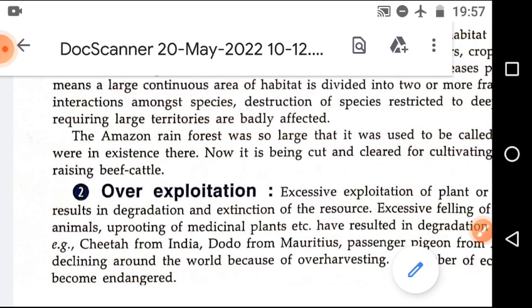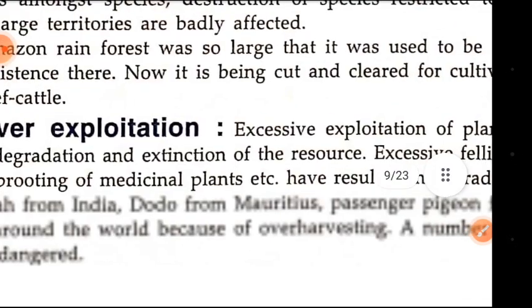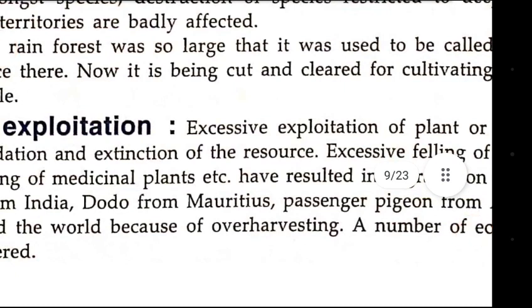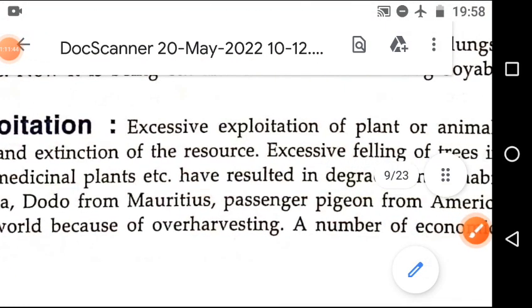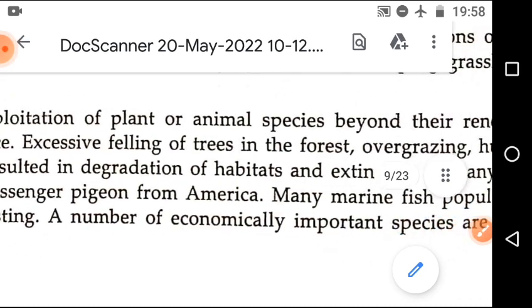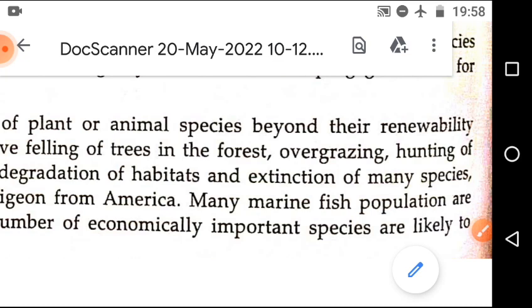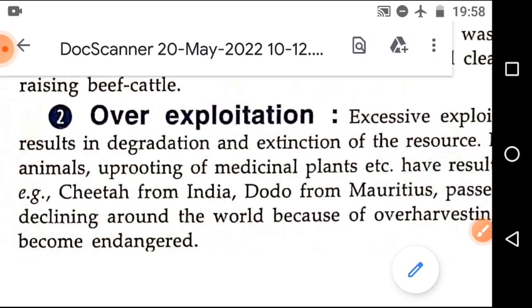So let us see what has been written. The second point, you see from here: excessive exploitation of plant or animal species beyond their renewability results in degradation and extinction of the resource.